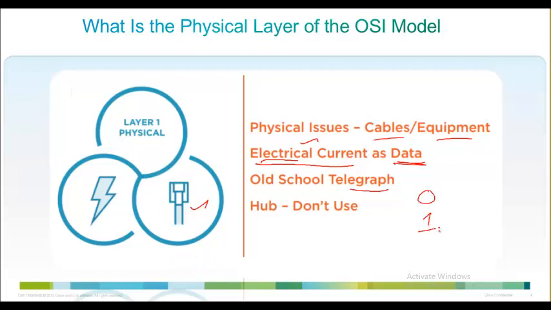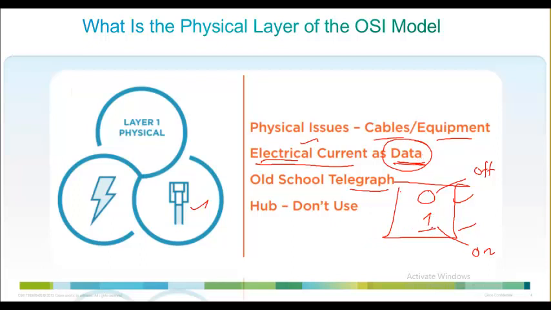These are the two alphabets in the electrical language. 0 means off. 1 means on. These are the two words the electrical field knows. So using 0 and 1, we are sending data.